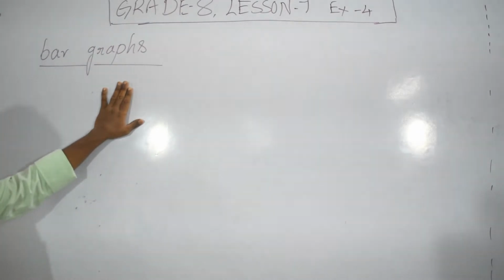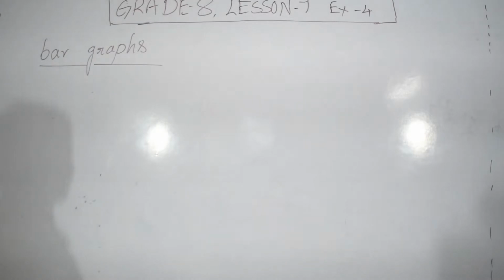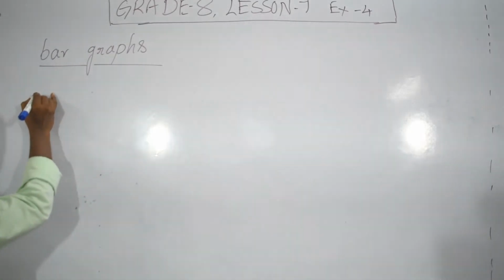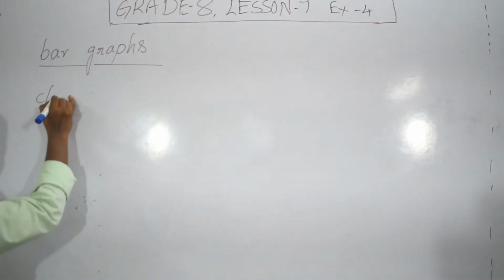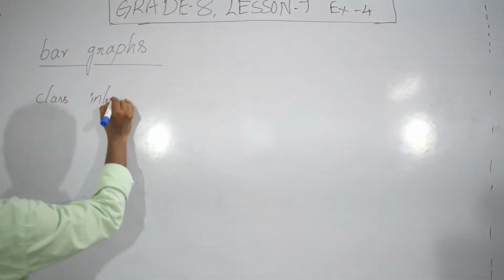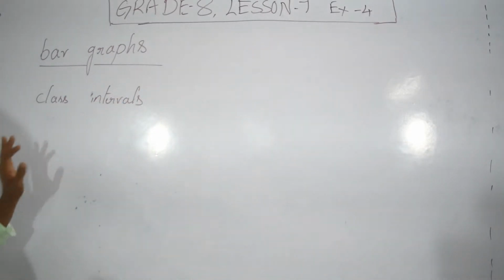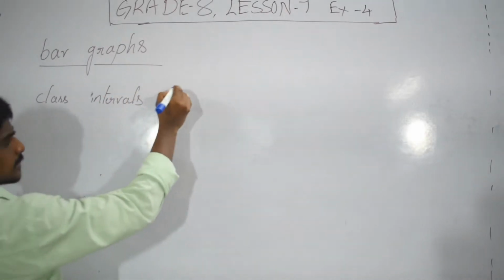We are showing the bars, that is a bar graph. Here see, I said some problems: class interval and frequency.